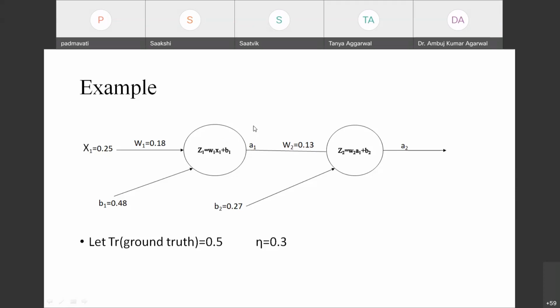A1, no, this is not correct. Yes, Z2 is also correct, 0.3516. A1 is 0.6283, yes, very much correct. And we are only left with A2.